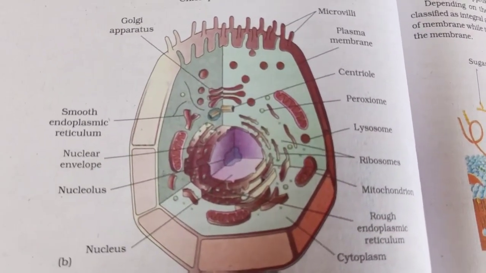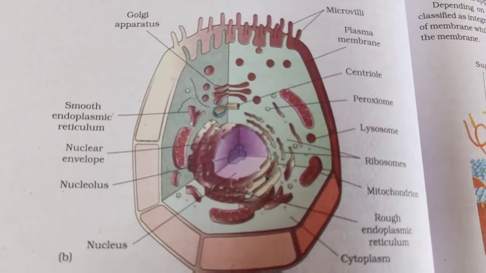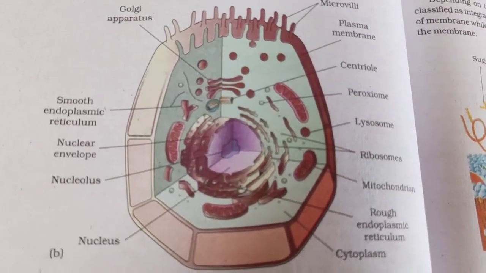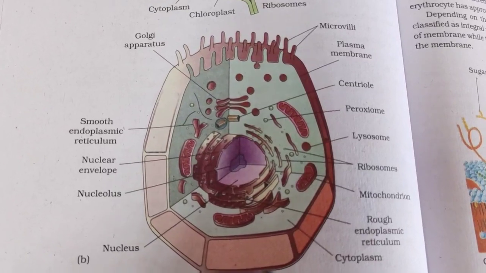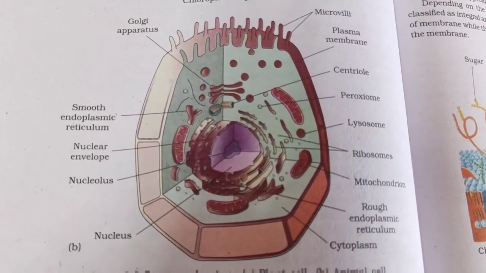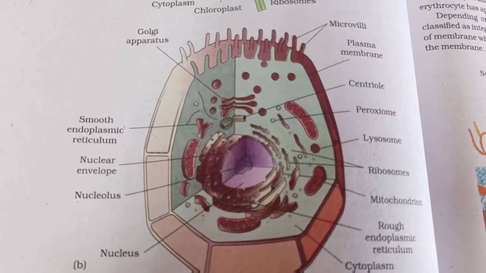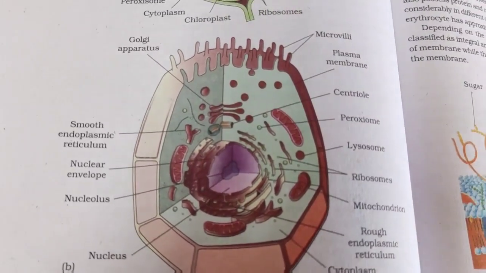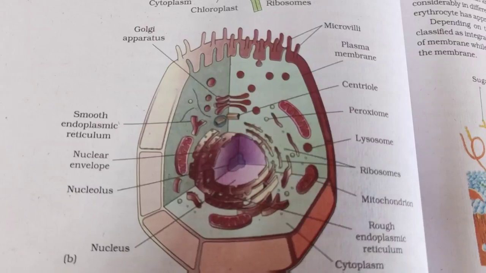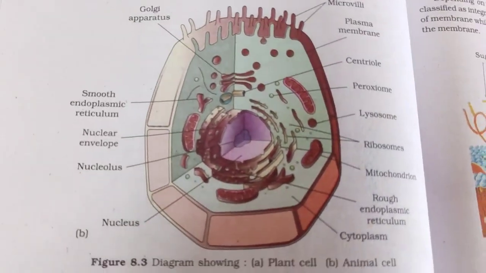Make sure that these two ribosomes are different from each other. In an animal cell, cytoplasm functions like an arena, and the cell membrane acts like a delimiting structure.